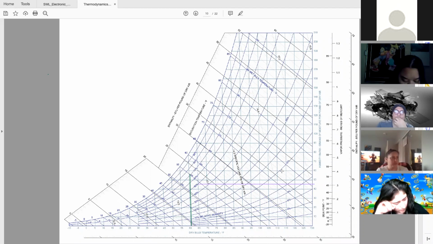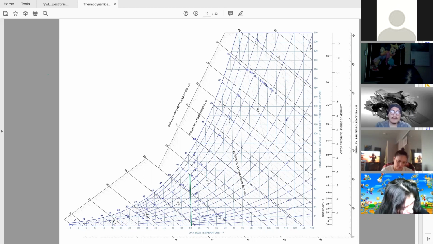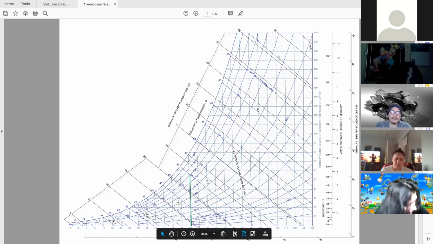Okay, good job, everyone. It takes some practice to read these. When you see a psychrometric chart like this, a good one will always tell you what all of these different lines are: relative humidity, dry bulb temperature.